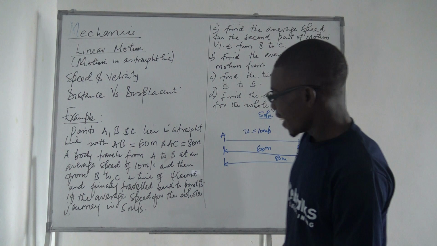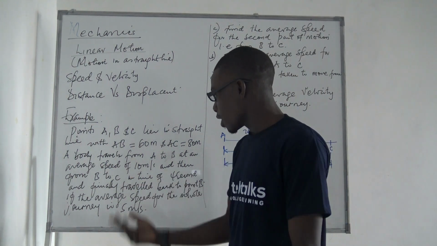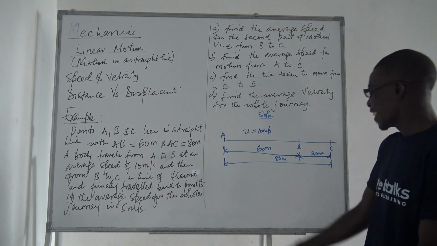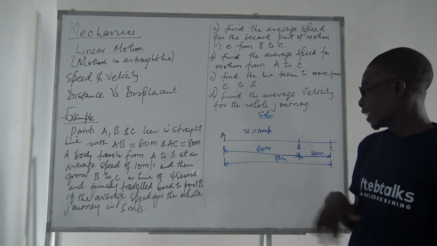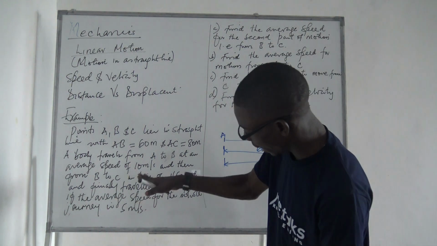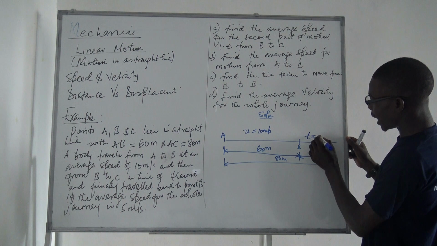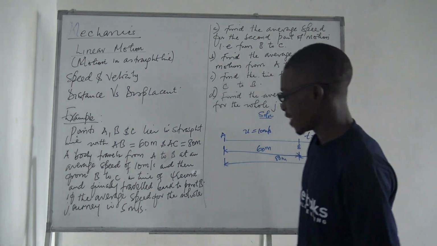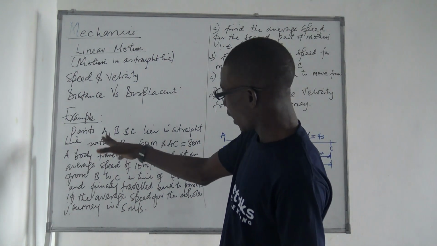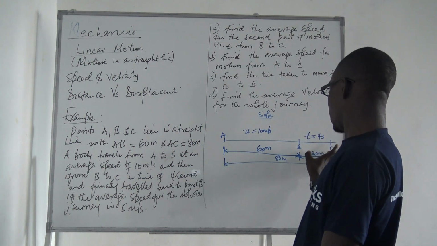And then this body traveled to point C. It didn't just end at point B. It continued to point C, and they have given the time taken to move from point B to C as 4 seconds. AB is 60, AC is 80, and that means BC is 20.